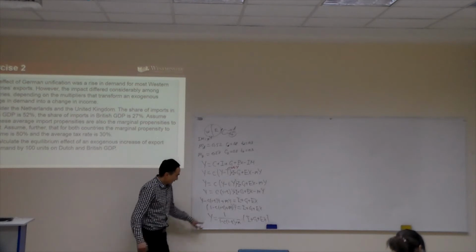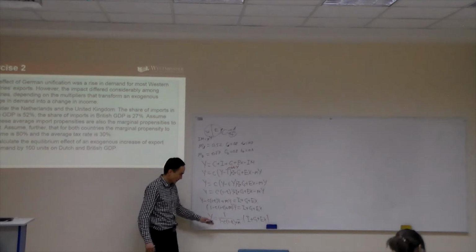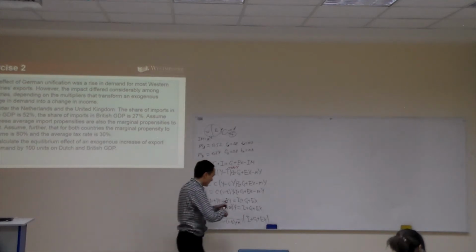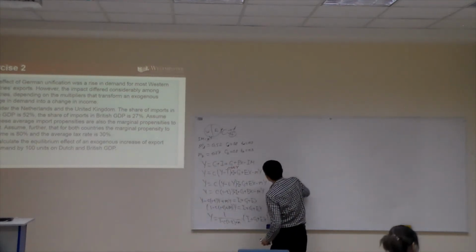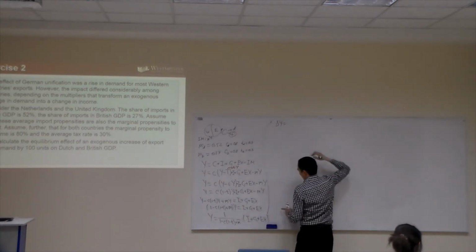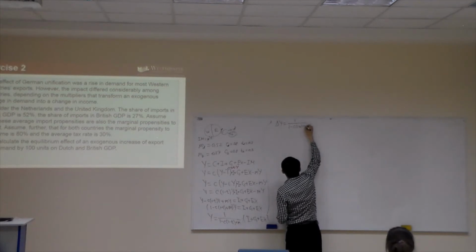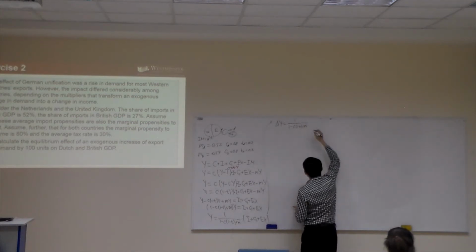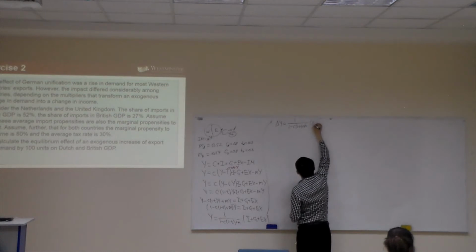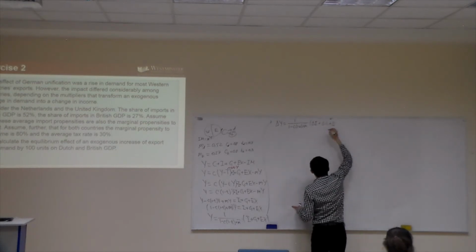So if you take the first difference of this equation with respect to time, then you will get the change in output is equal to the multiplier, 1 over 1 minus C1 times (1 minus tax rate) plus marginal propensity to import, times the change in investment plus change in government spending plus change in export.